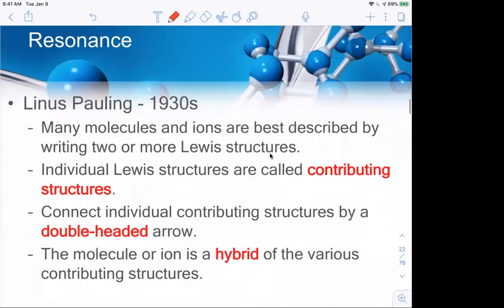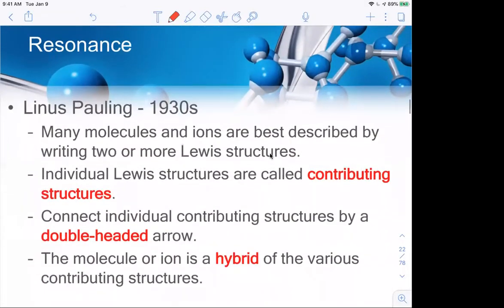There's one more topic I want to discuss before we take a break, and that's resonance. Many times when I draw a Lewis dot structure, molecules and ions may be best described by 2 or more. So if I draw one, that doesn't mean that's the only one that is acceptable according to the Lewis dot structure rules.